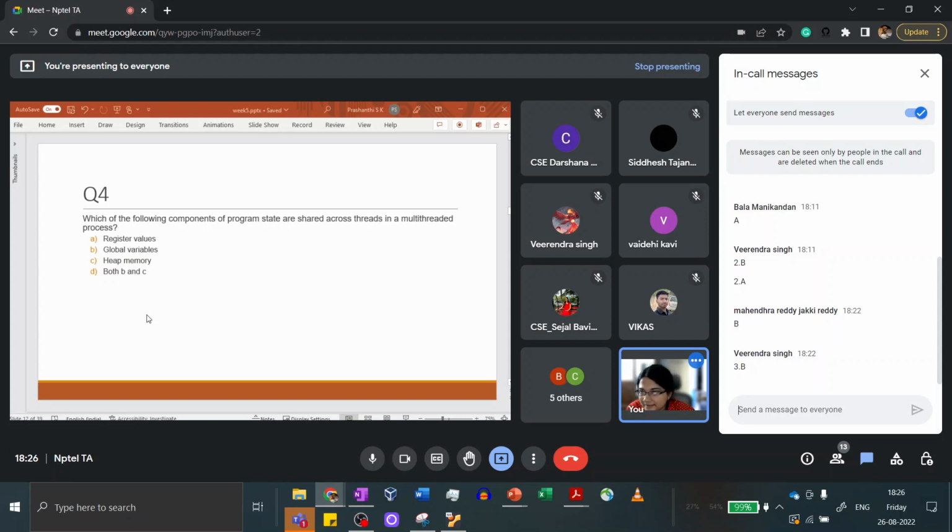Any guesses? Remember the diagram we discussed right after the first question that actually had this. Okay, D, which is both B and C. Another answer saying both B and C. Anyone who thinks differently?